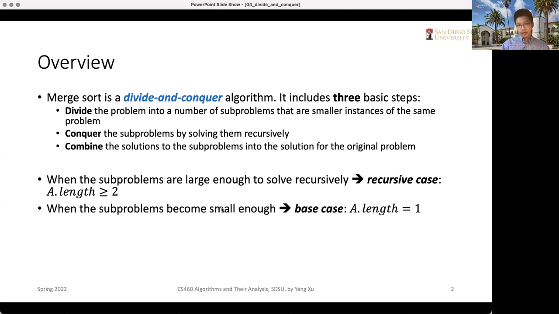But in the base case, when the input sequence only has 1 number, then we basically do nothing, right? So that is the base case running time situation.